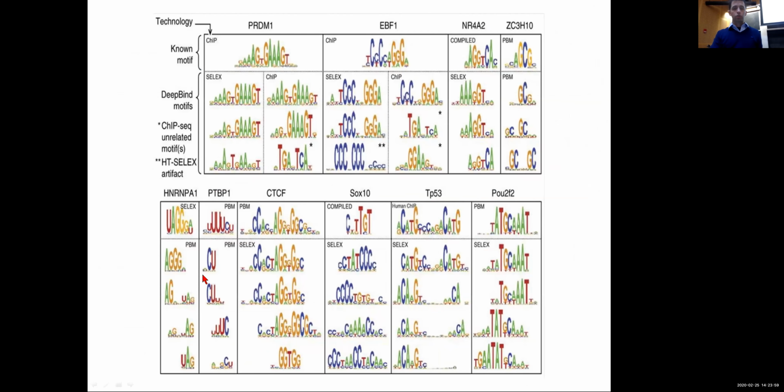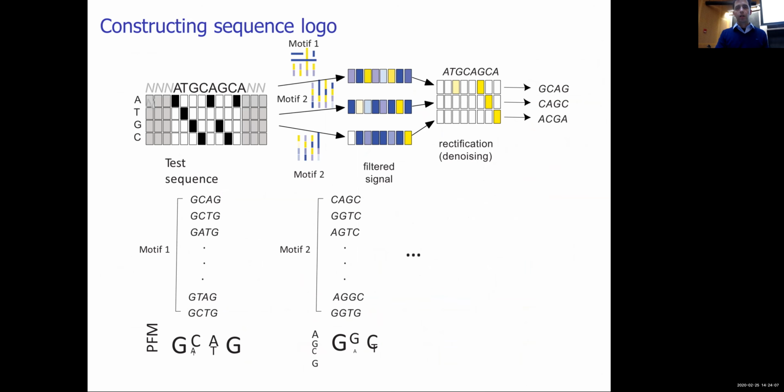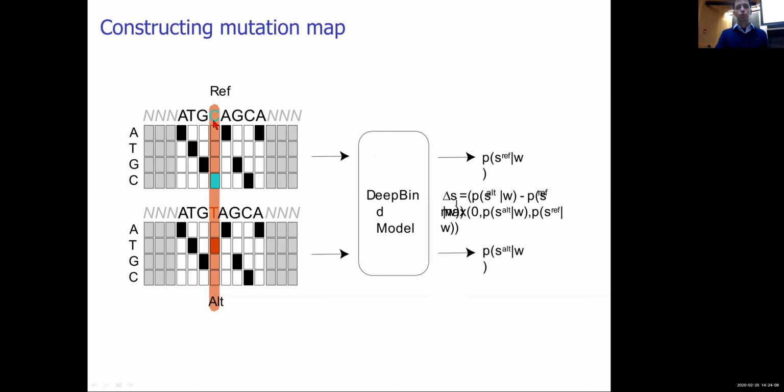And sure enough, it was able to discover a lot of motifs matching the known specificities. It was then able to use this as a mutational map that says, if I change that T to C nucleotide in this AT-rich motif, how likely is it that the binding prediction will actually change?